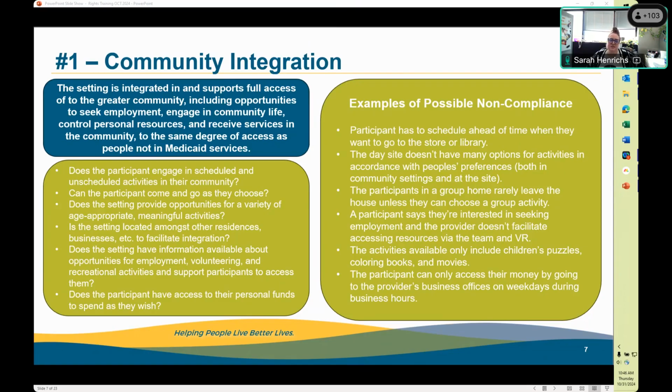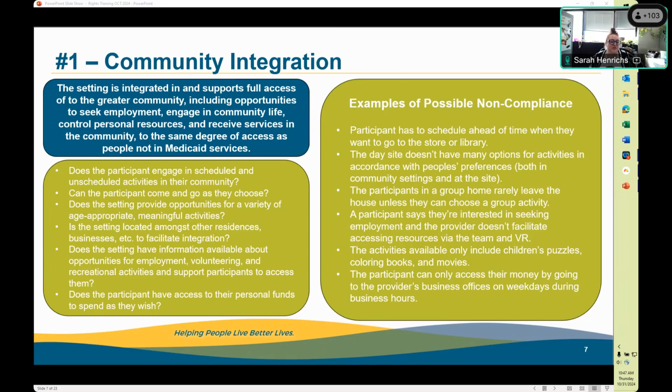Like that is a setting that we could potentially say has the effect or maybe even the intent of isolating participants from the broader community and not integrating them into it. So that's an example of one of the exploratory questions we have.